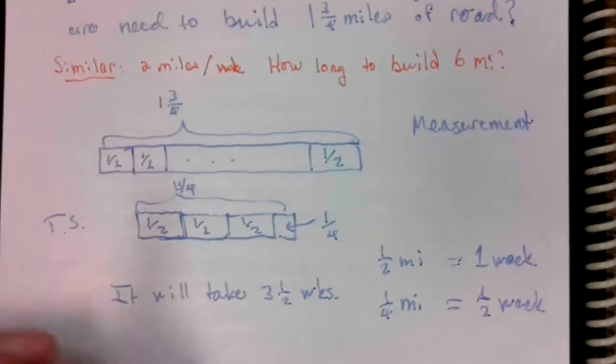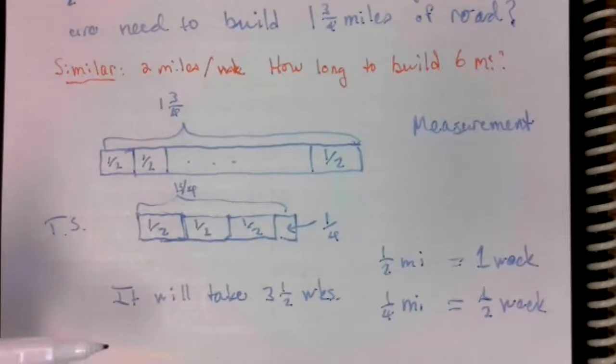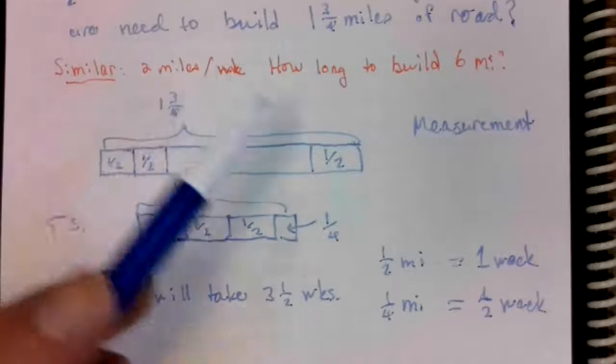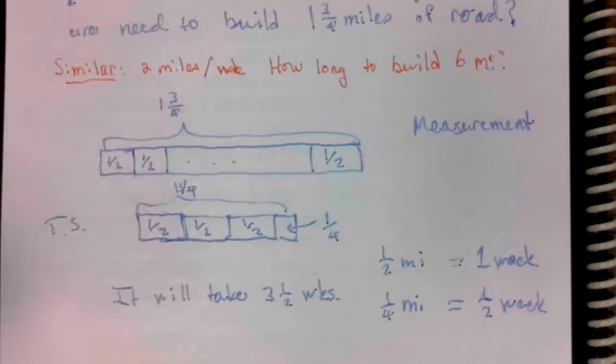Okay, so that's an example word problem using a measurement model for division, right? So we talked about how to multiply fractions. You multiply straight across. We need to come up with a way to make sense of dividing fractions, okay? Because we have to do all the arithmetic operations with fractions, just like we do with whole numbers.